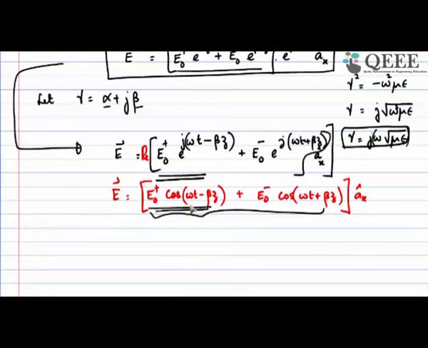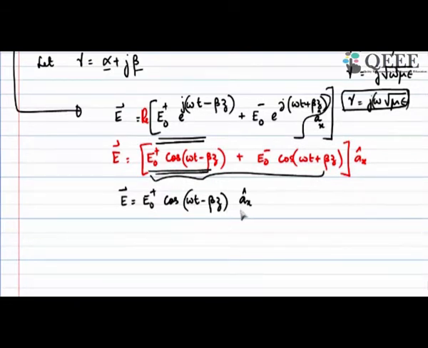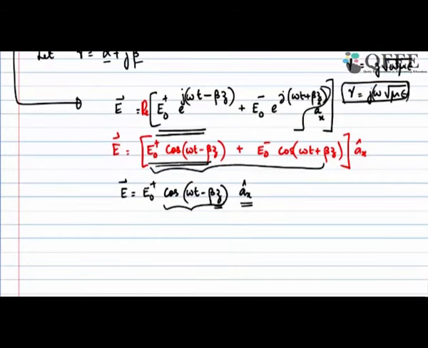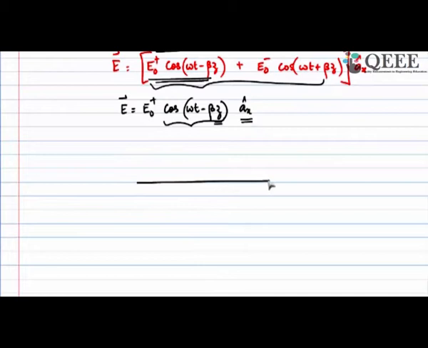So let's take only one term at a time. The first term is E naught plus cos of omega t minus beta z, ax. So I am talking about an E vector which has only an x component, which is varying along the z direction. That variation is given by cos of omega t minus beta z. If I were to plot this as a function of z, because it's varying along the z direction, what is the E vector?